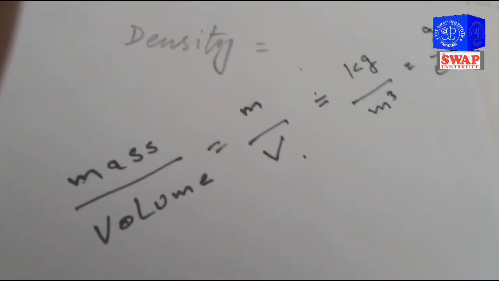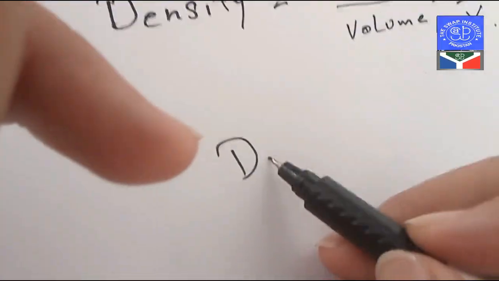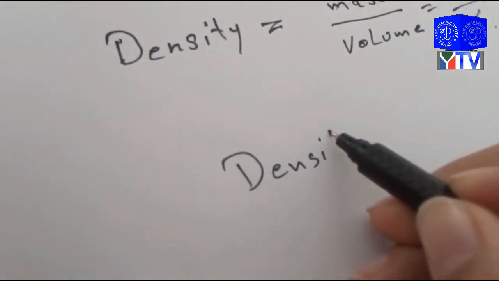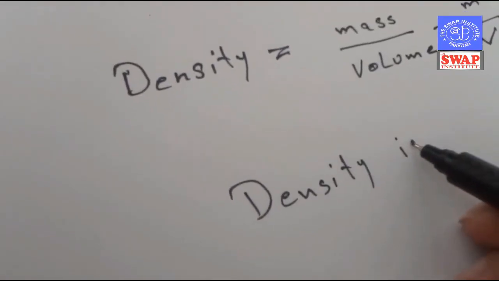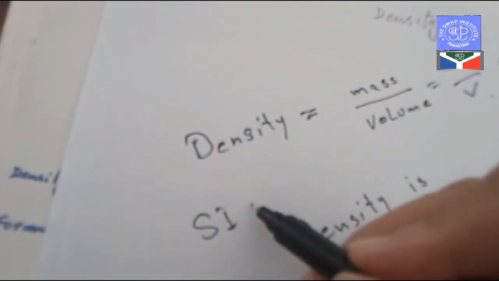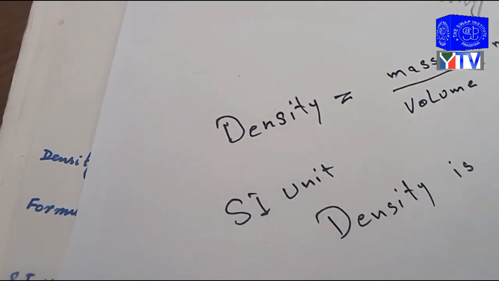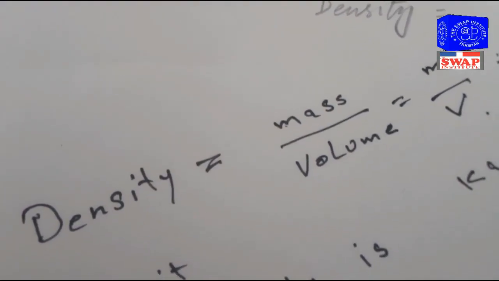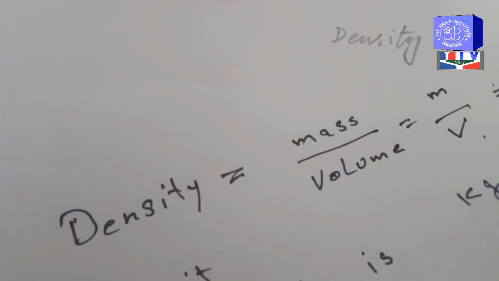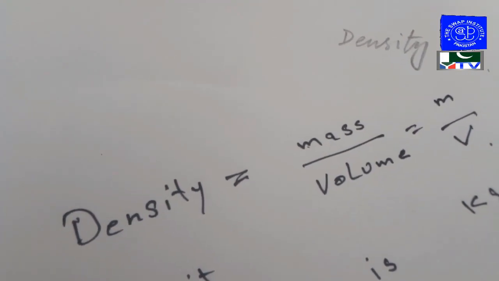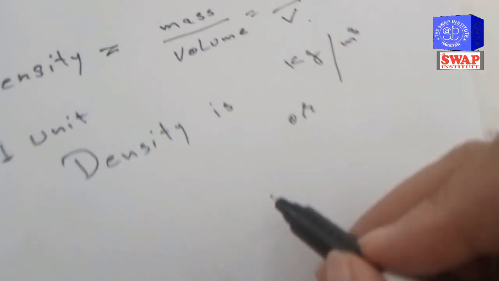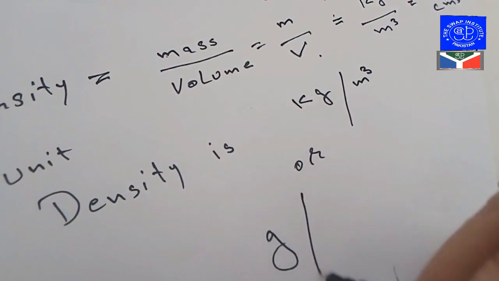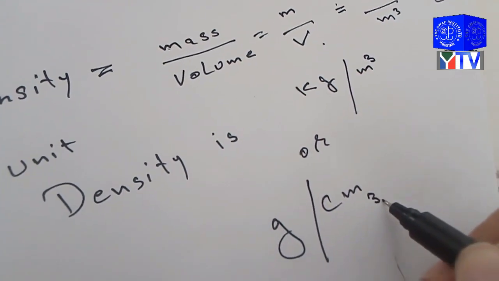So the SI unit of density is kilograms per meter cube or grams per centimeter cube.